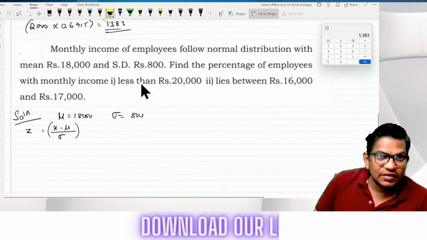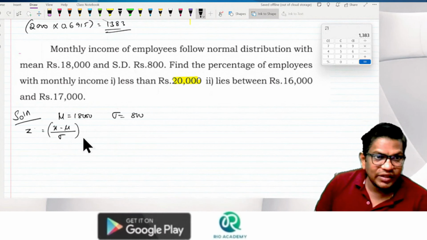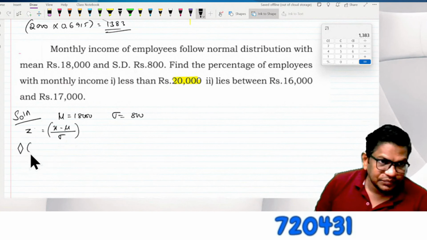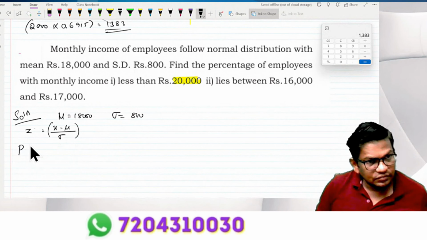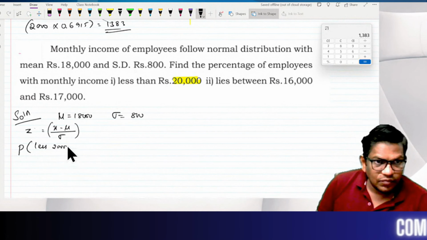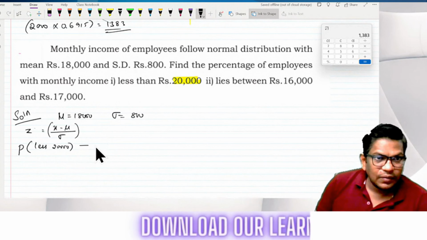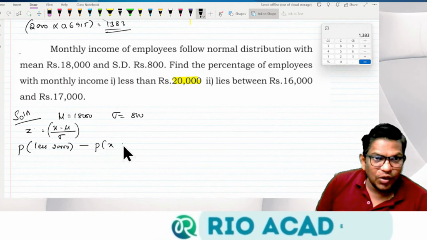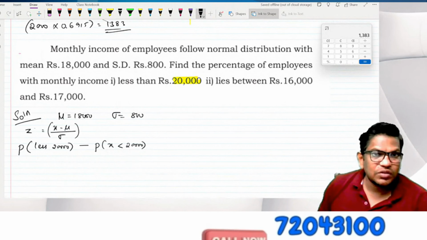Look at that. Less than 20,000. That means P of X is less than 20,000.